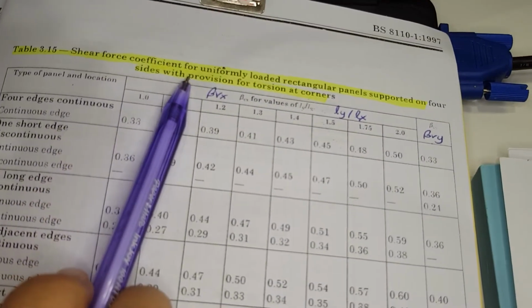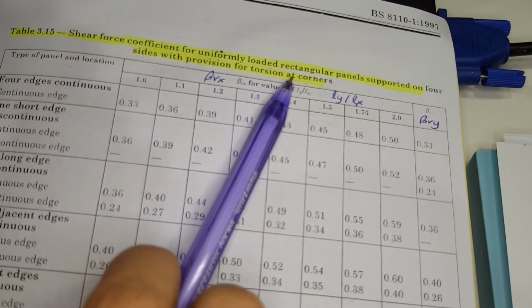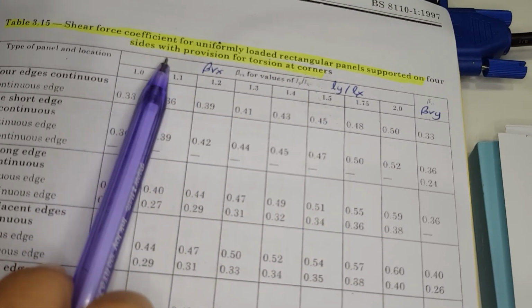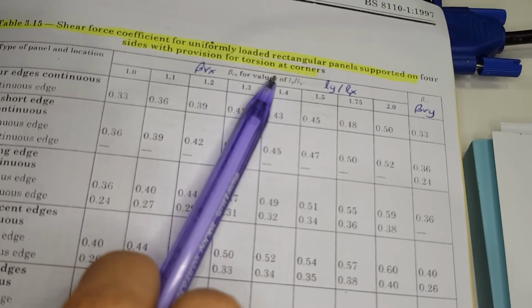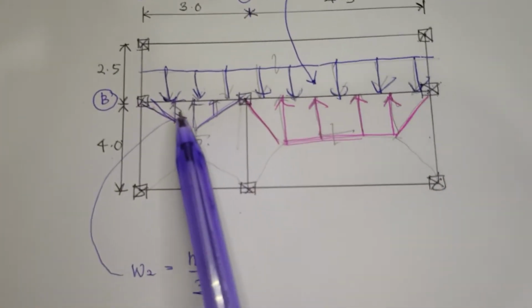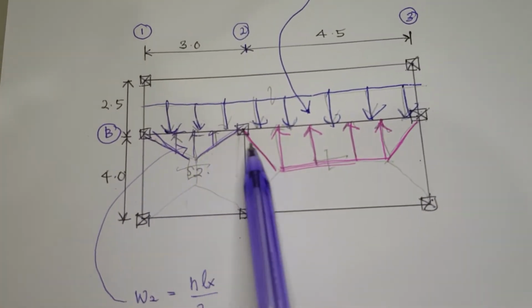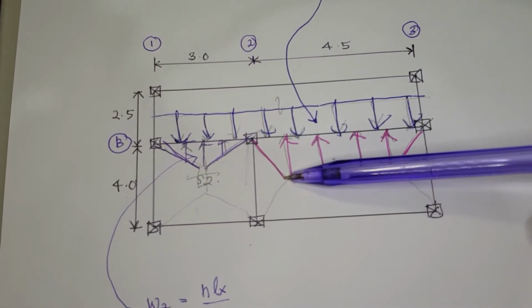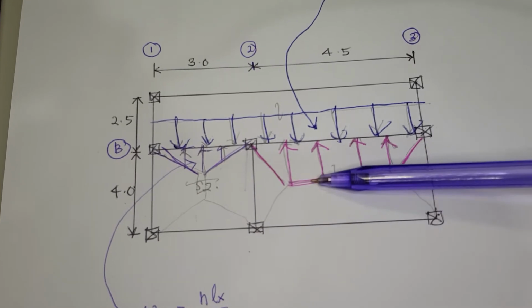Shear force coefficient for uniformly loaded rectangular panel supported on 4 sides with provision for torsion at corner. So as we can see here, this is our slab. This side and this side is continuous with other slab.